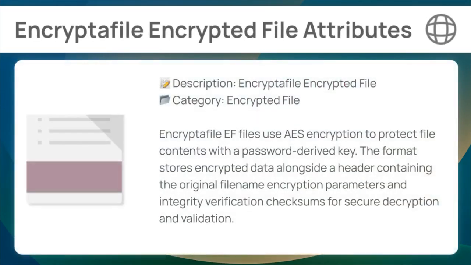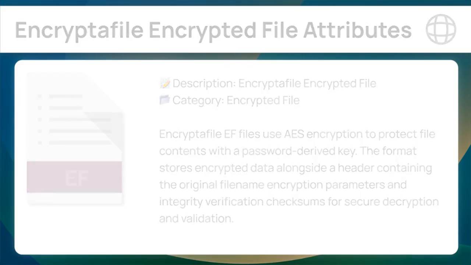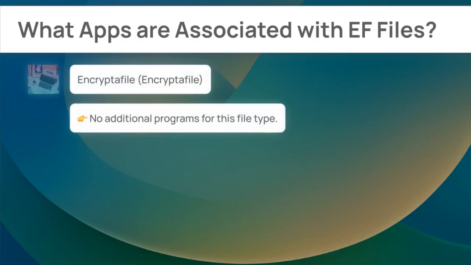Encryptafile EF files use AES encryption to protect file contents with a password-derived key. The format stores encrypted data alongside a header containing the original file name, encryption parameters, and integrity verification checksums for secure decryption and validation. In most cases, EF files work best with Encryptafile.